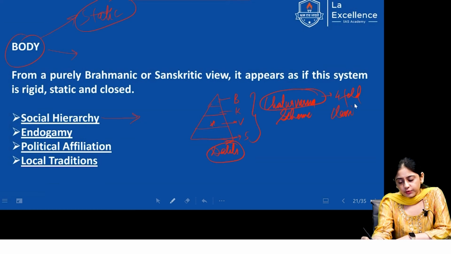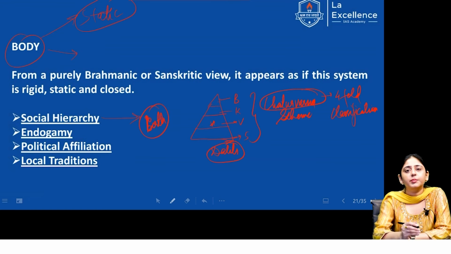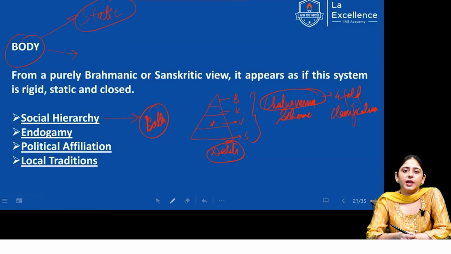This fourfold classification provides hierarchy and is based on birth. Once you are born in a particular family, you automatically gain that social status. So it is decided by birth. How can you change something which is decided by birth, right? That is leading to its unchanging form.